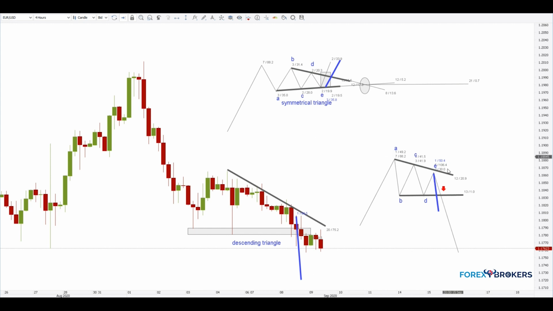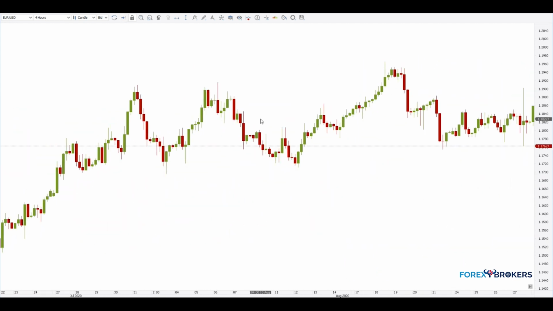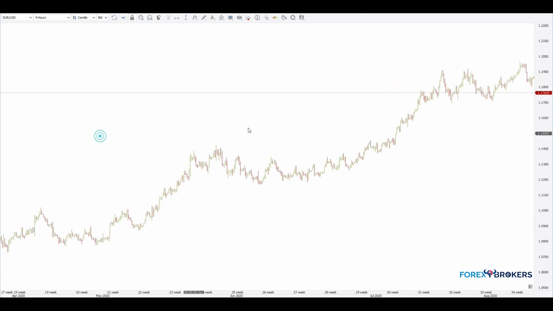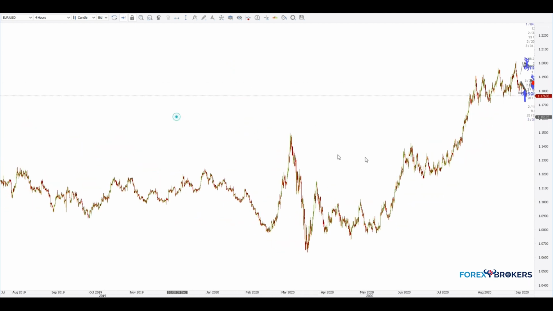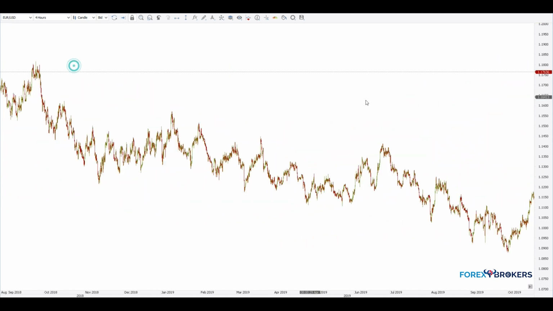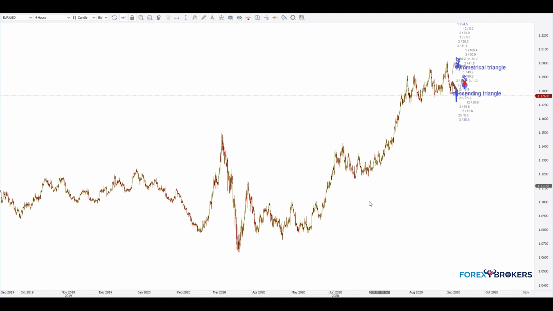To give you an example of a triangle as a reversal pattern in the currency market, the euro and the US dollar, if we zoom out, recently formed a triangle and broke higher after a bearish trend. This was the bearish trend on the euro and the US dollar coming down from 1.25, and by the time that it reached this area here in March 2020, you see that it forms a low and then a high, then a lower low and then a lower high, a higher low, and so on.